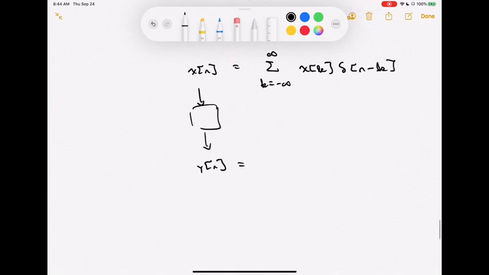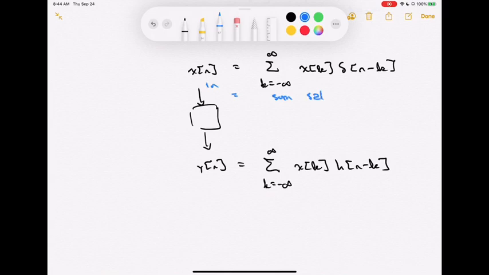And we found that y of n had to be a summation, k equaling minus infinity to infinity, of x of k, and now instead of delta, we had h of n minus k. What was the English language description of the sifting? My input was equal to a sum of scaled and then shifted deltas.